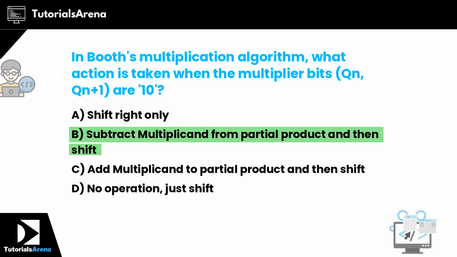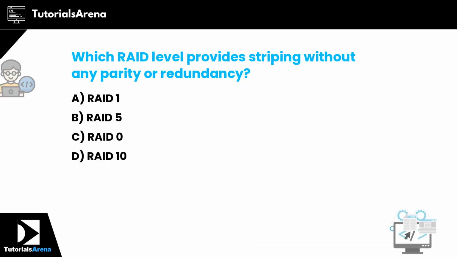The correct answer is option B. Subtract multiplicand from partial product and then shift. Which RAID level provides striping without any parity or redundancy? The correct answer is option C, RAID 0.